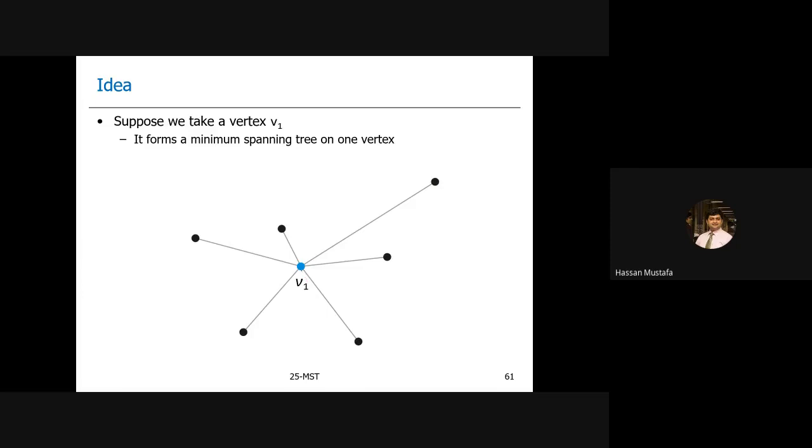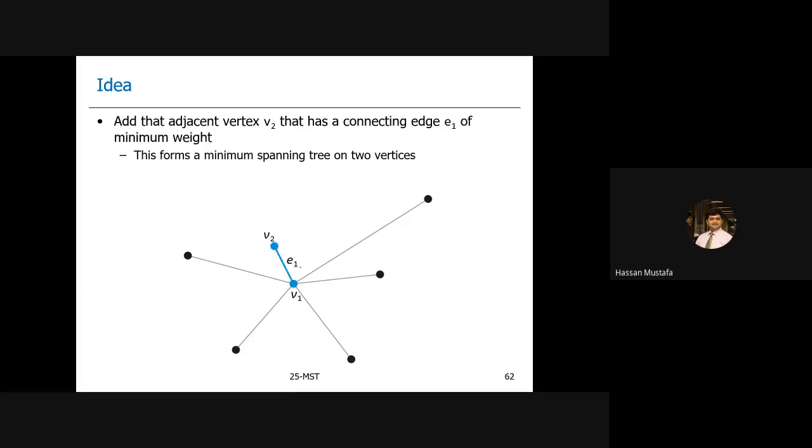then the next step would be that we pick the vertex that is the closest to V1. So in that way, what we have is that this blue edge, that is E1, is of the smallest cost. So we pick that edge, and we use that edge in the minimum spanning tree.